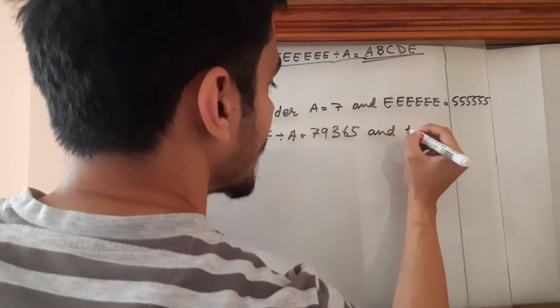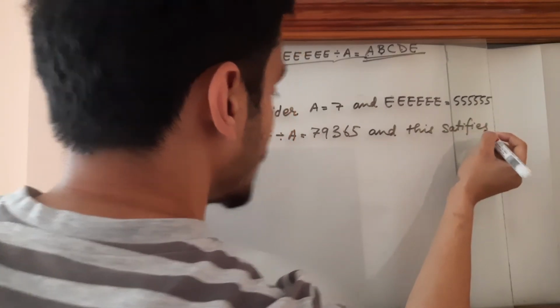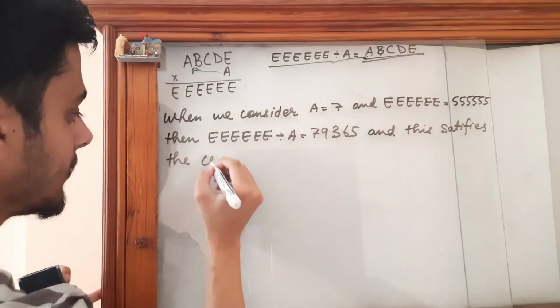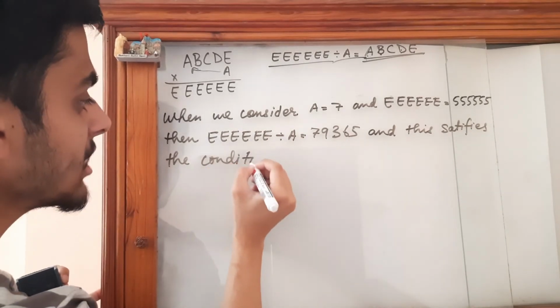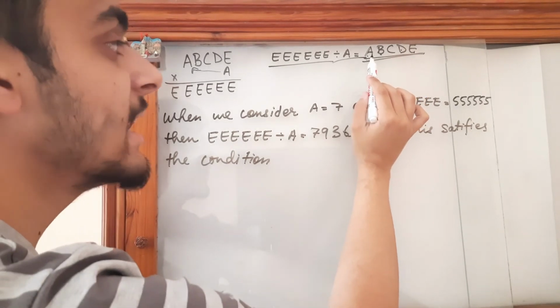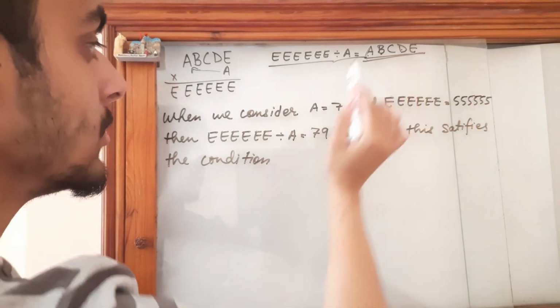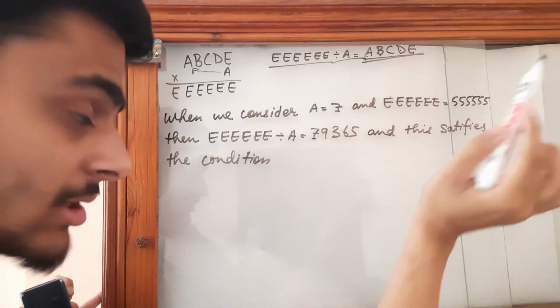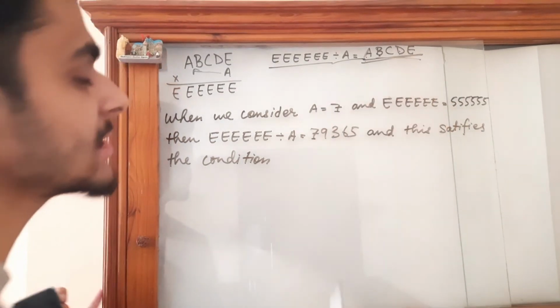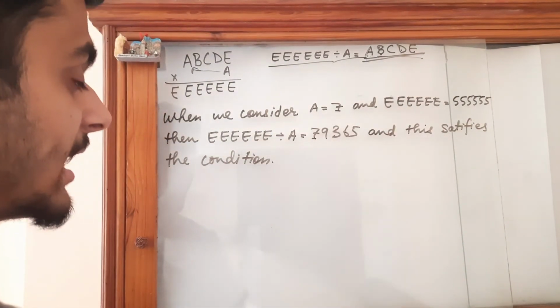Now we can rub this off, and this satisfies the condition. The condition is that the first beginning number of this whole number is equal to A, which is 7, 7, which is correct, and the rest of the numbers are different from one another, which is again the case over here.